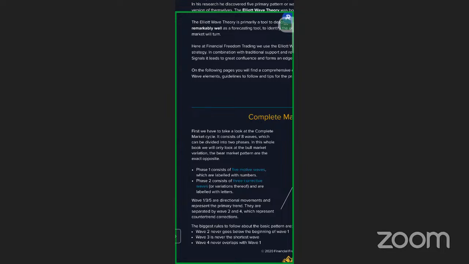Phase 1 consists of 5 motive waves, which are labeled with numbers, and phase 2 consists of 3 corrective waves, or variations thereof, which are labeled with letters. Waves 1, 3, and 5 are directional movements and represent the primary trend. They are separated by waves 2 and 4, which represent a counter-trend correction.